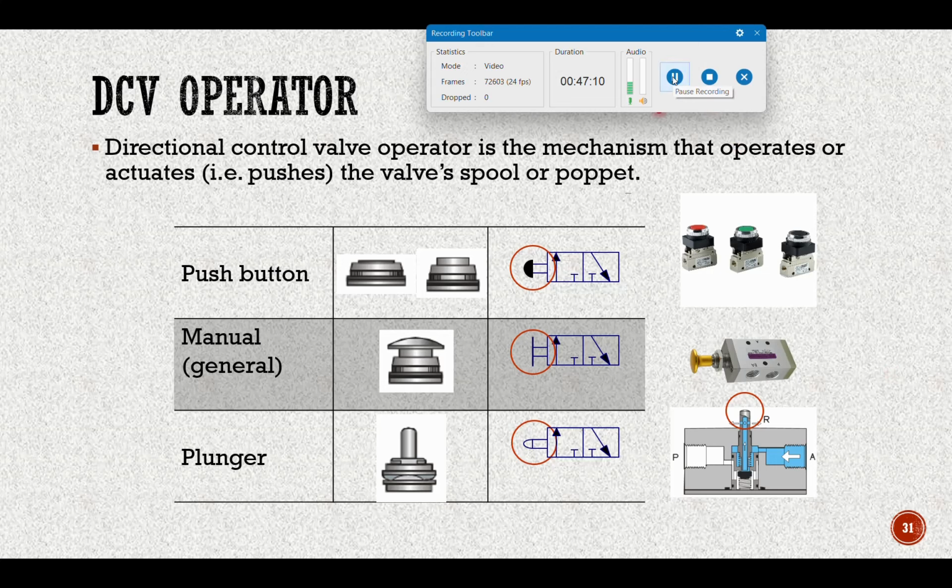So the mechanism that operates or actuates the valve could be a push button, like we've seen before. We have the manual one, which is pushed directly, or we have a plunger or switch state. This one would keep the position intact instead of springing back into the initial position.